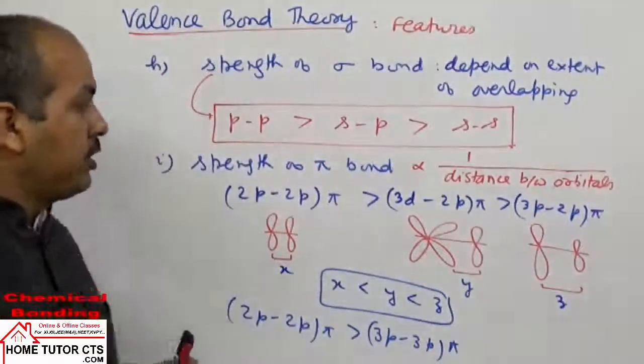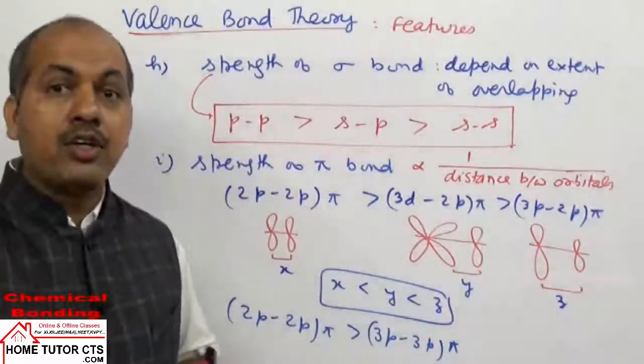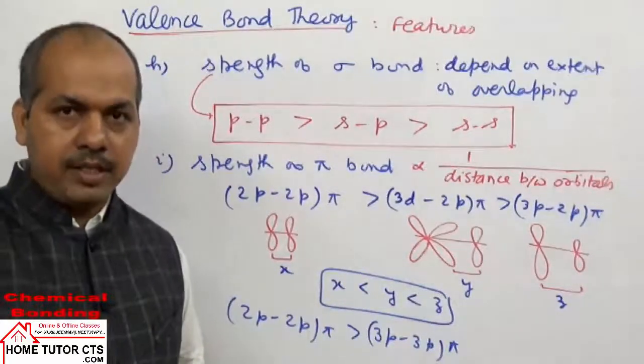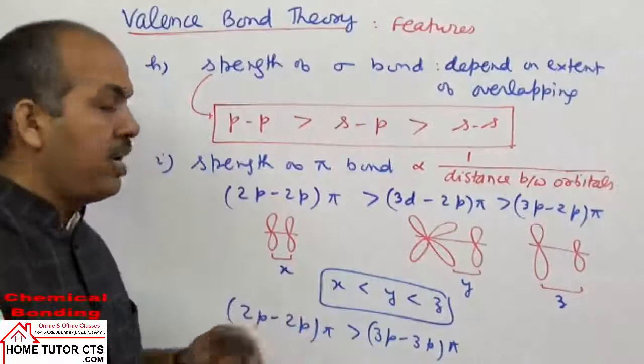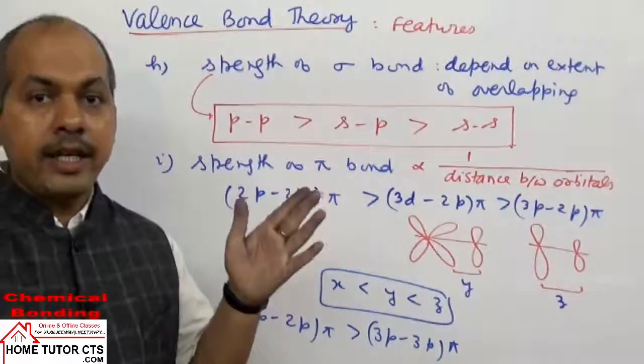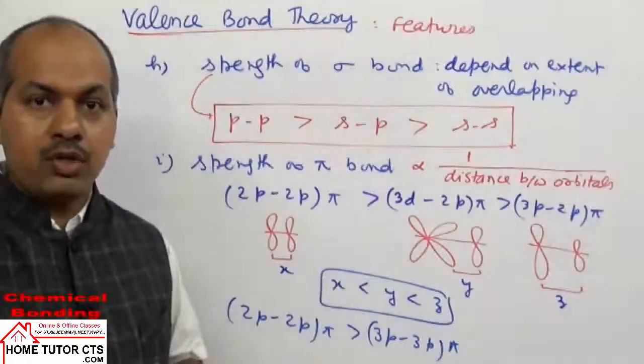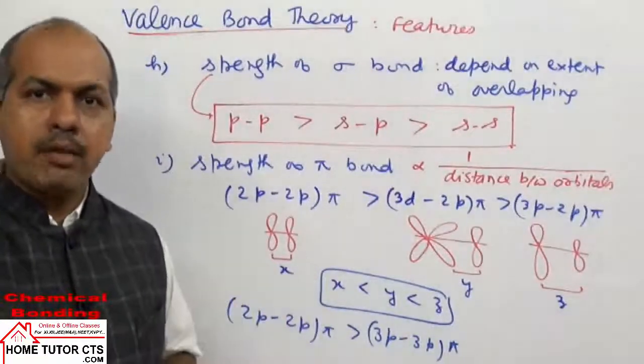The common reason is that we don't commonly find 3p overlapping of the p orbitals, but we find 2p overlapping very commonly. If we take the elements of the second period, carbon, oxygen, nitrogen, they readily form pi bonds.